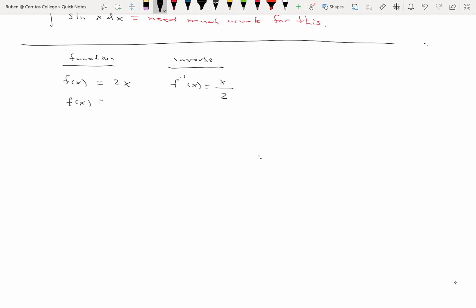F of x equals 3x. The inverse of tripling would be to divide by 3. I also brought up a function adding 5. F of x would be x plus 5. The inverse of adding 5 is to subtract 5.